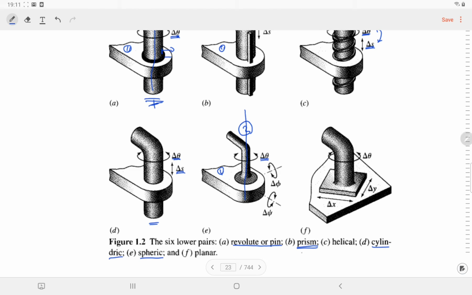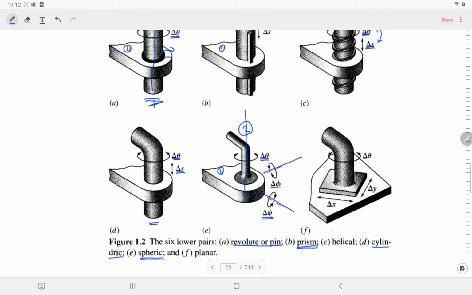Also it can have a motion along this axis, and that's delta phi. In addition, it can have a motion along this axis, delta psi. This is also known as ball joint. If body 1 and body 2 are connected such that it can have a relative rotation along these axes, then such a kinematic pair is known as spherical pair.